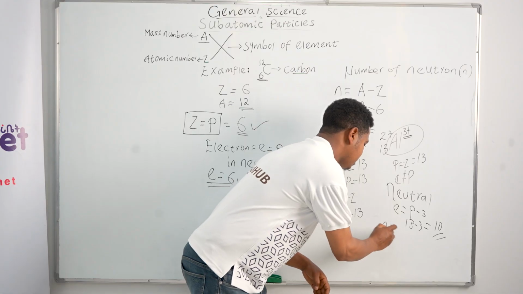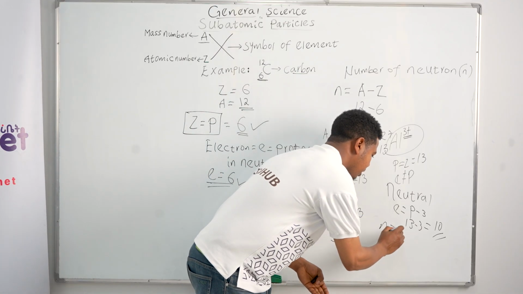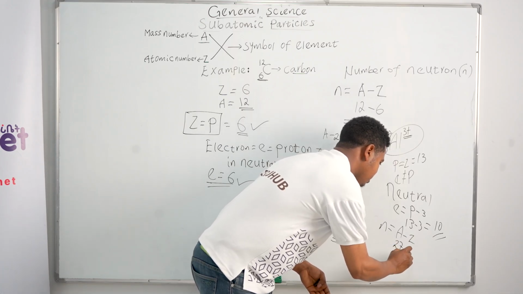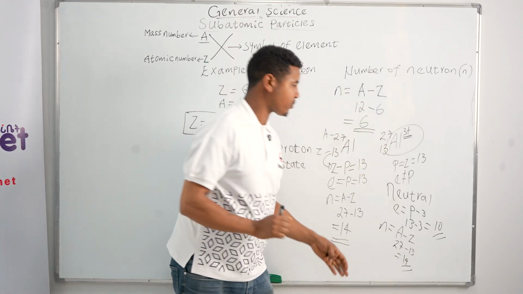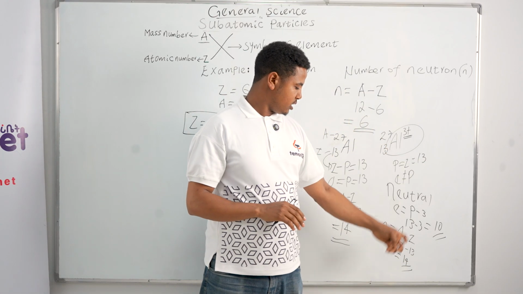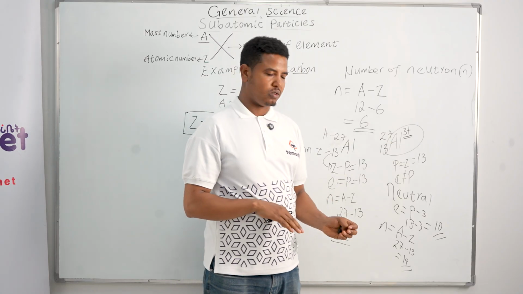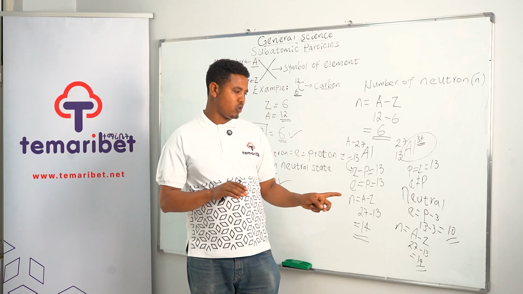But the neutron is calculated as usual by deducting Z from A, or A minus Z, which is 27 minus 13, which is equivalent to 14. The numbers of protons and neutrons are always the same, whether it is charged or not. In neutral state or charged state, they are always constant.